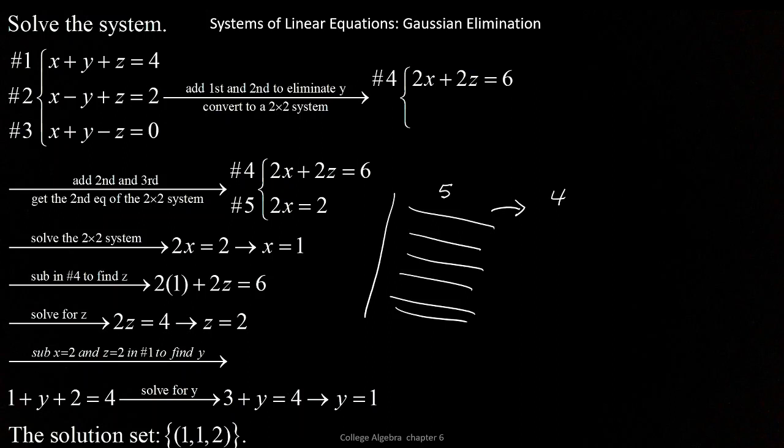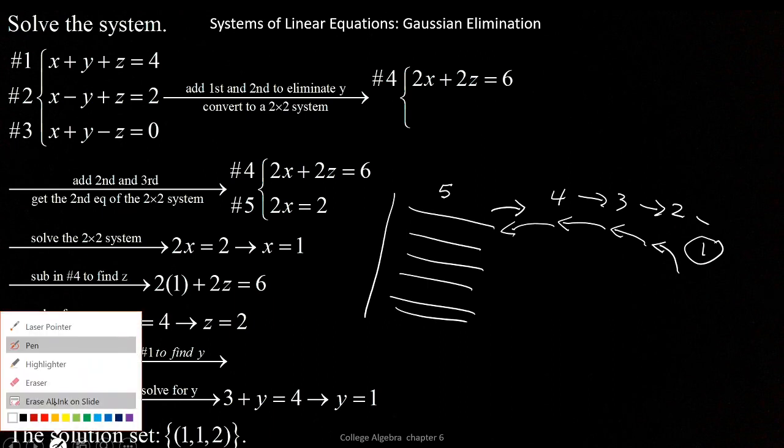We reduce it, and then 3 by 3, and then 2 by 2, and then of course one equation with one variable, and solve it. So we solve for that and we go backwards, solve for the second one, solve for the third one, solve for the fourth one, solve for the fifth one. So we reduce it to one variable, solve for that one, and back substitute to get all the variables. That's the way we solve systems.